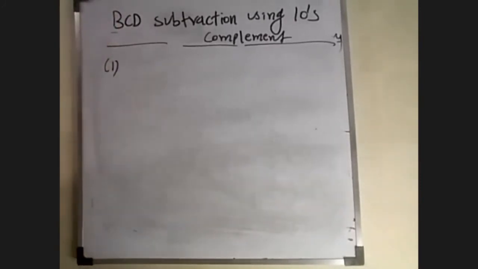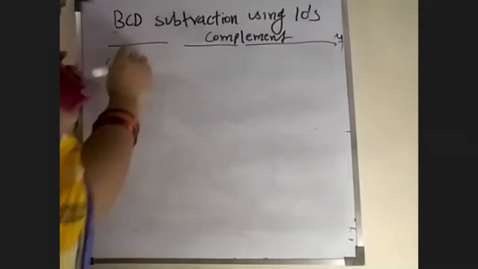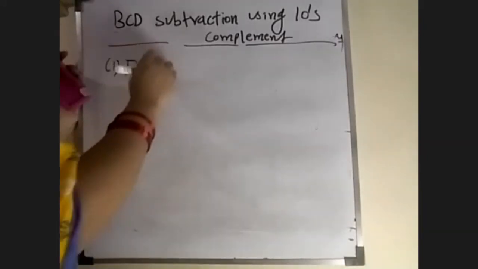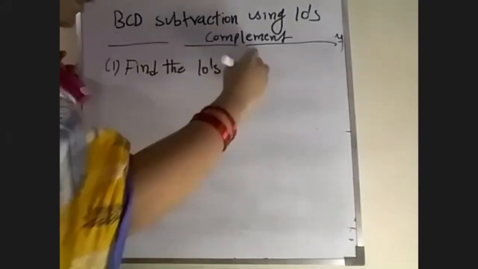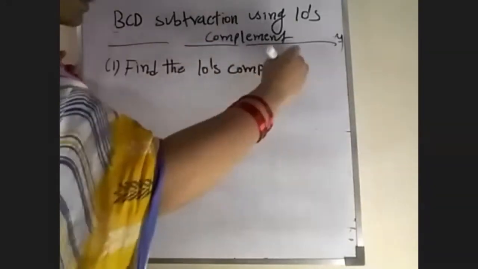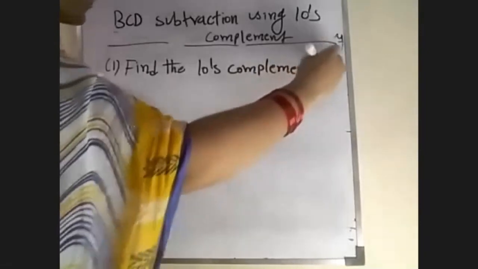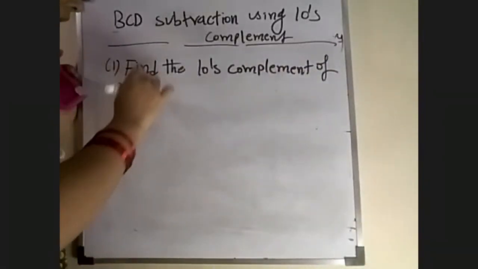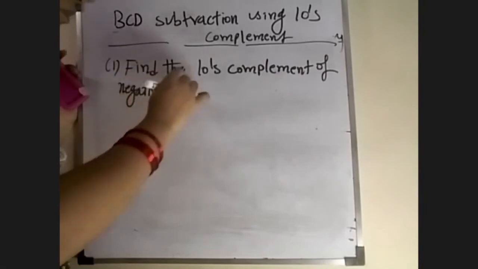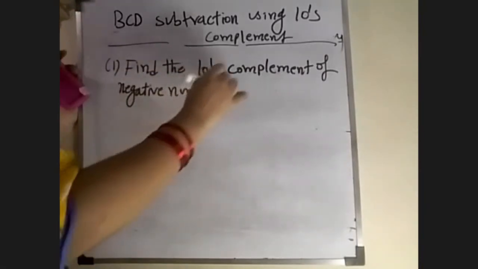First one is find the tens complement of the negative number. This is the first step.